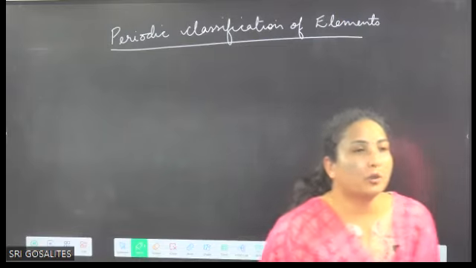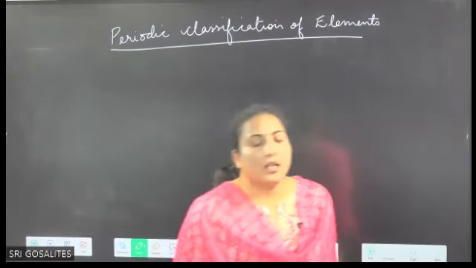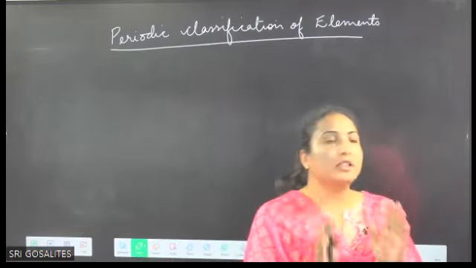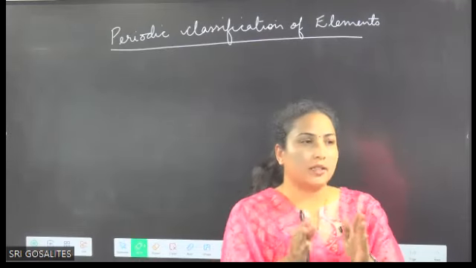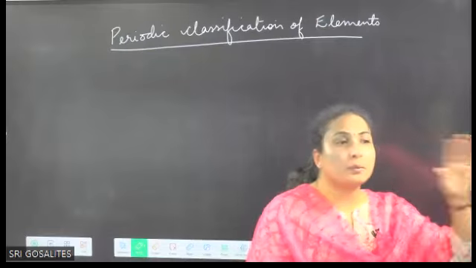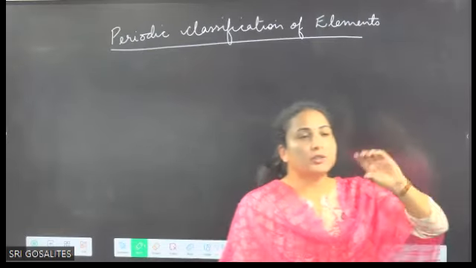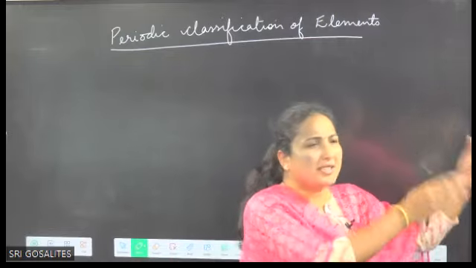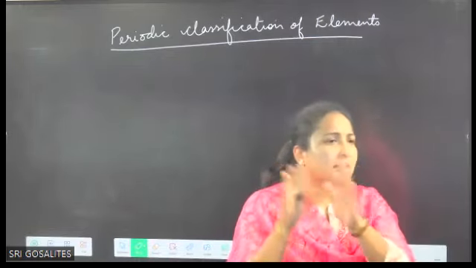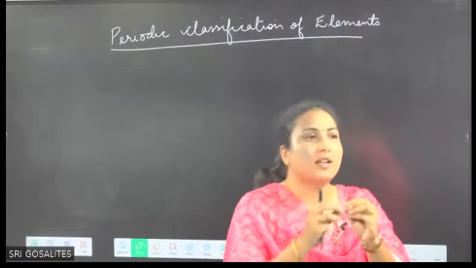Now, I told you that there are total 118 elements, right? Now, you try to see why there is a need of periodic table, first of all. You can correlate this to a supermarket, right? In a supermarket, you see that everything will be organized. When you enter one section, there will be some snacks section or some soap section, like that. Everything is organized. You can just ask, where is this thing?